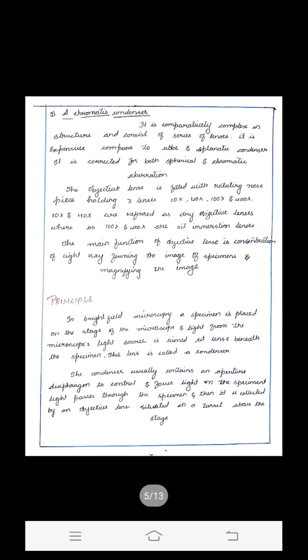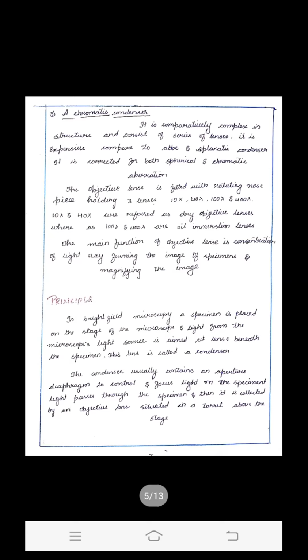I will show the diagram first, then I will explain. Here is how the bright field microscope works. The light passes through the condenser.